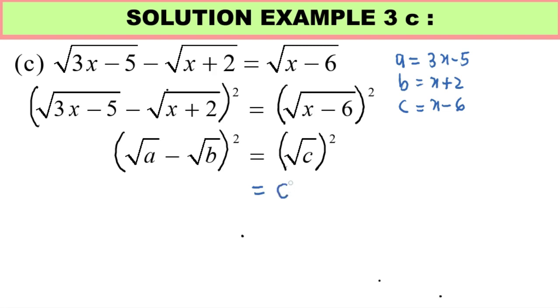But if you have two terms with cube roots, like on our left side now, we need to expand this bracket. Then you're going to get A minus 2 cube root AB plus B equals to C. Then isolate the single cube root on the left hand side and bring A and B to the right hand side.